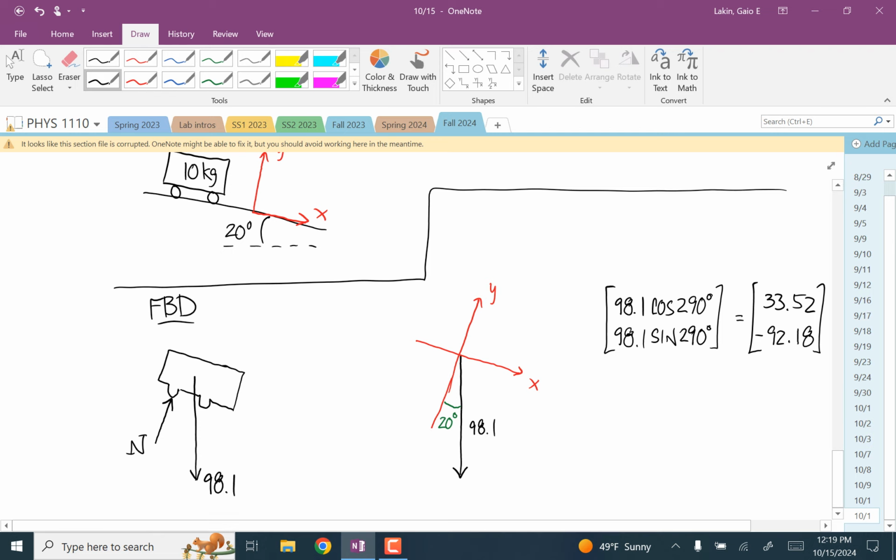Well, remember that the components of that vector are just the coordinates of the head if you put the tail at the origin like this. So look at that coordinate system. Does it make sense that the coordinates of that point are positive in x and negative in y? You know, just turn your head so it matches up with that coordinate system. You can see this is in the fourth quadrant, so yeah, that makes sense.